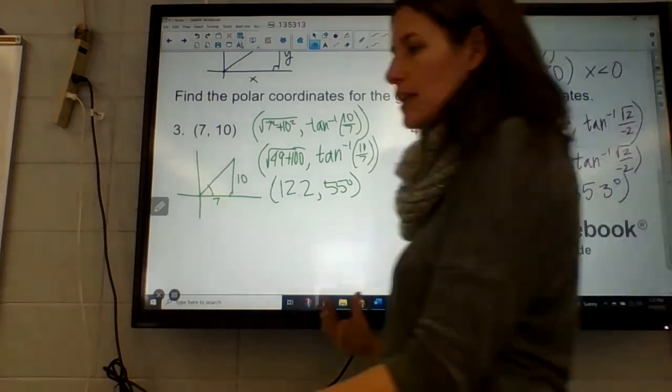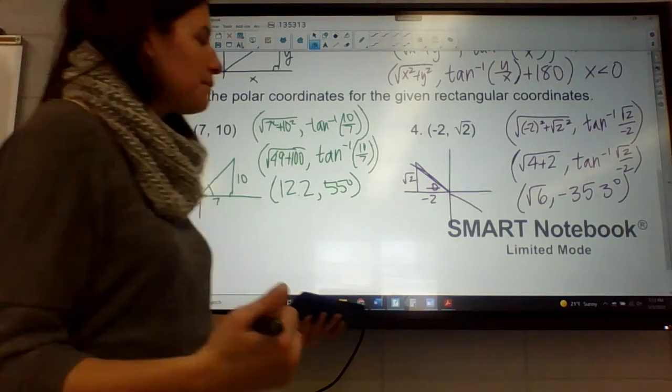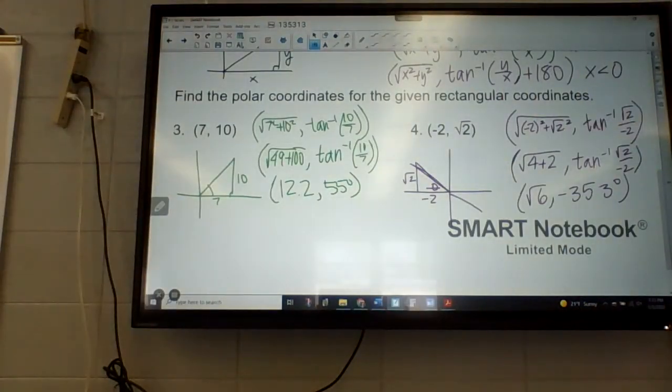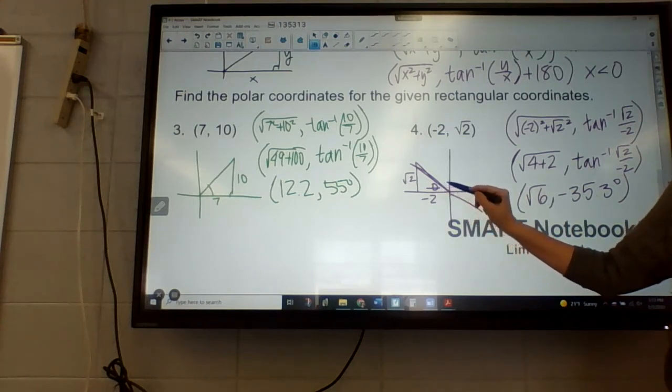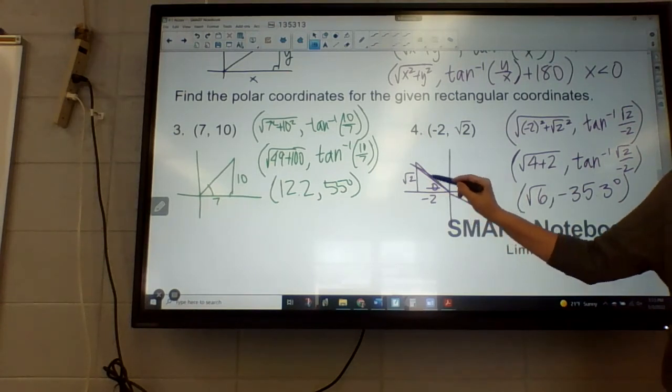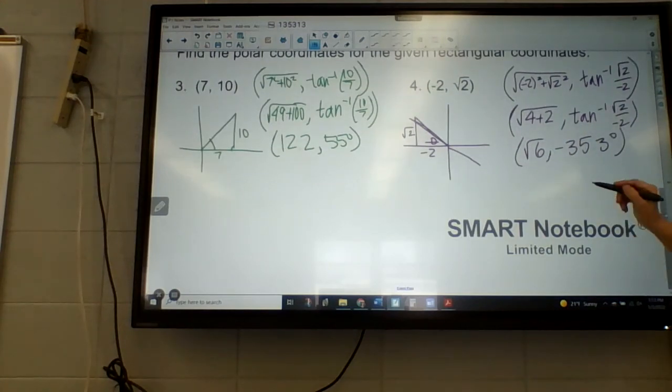How does that not screw up other rules? It's because it doesn't know which part's supposed to be negative. It doesn't know if it's supposed to be the top or the bottom, so that's why it took us down into this quadrant. It was confused about what it's supposed to be. So we end up having our angle being like 144.7.